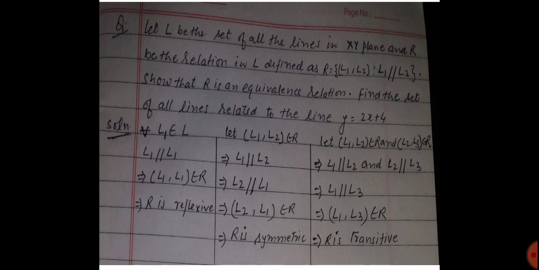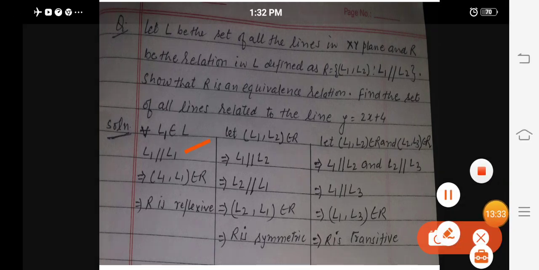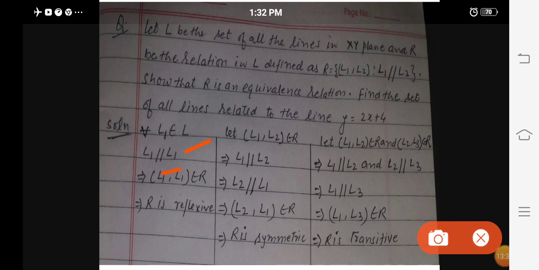So for every L1 belonging to the set of lines, L1 is parallel to L1. It means for every L1 in the set of lines in the xy plane, (L1, L1) also belongs to R. Hence we can say that the relation is reflexive.